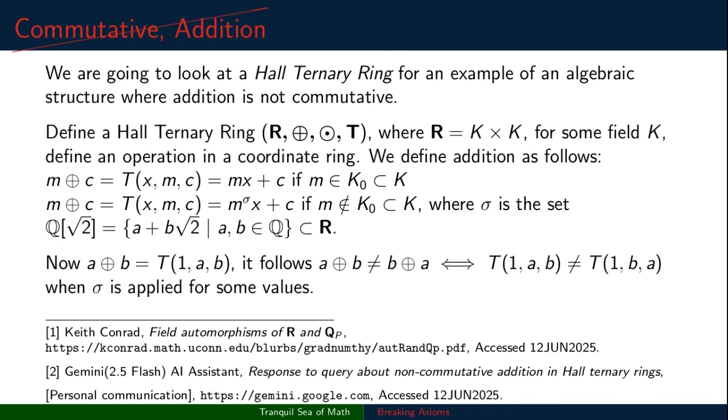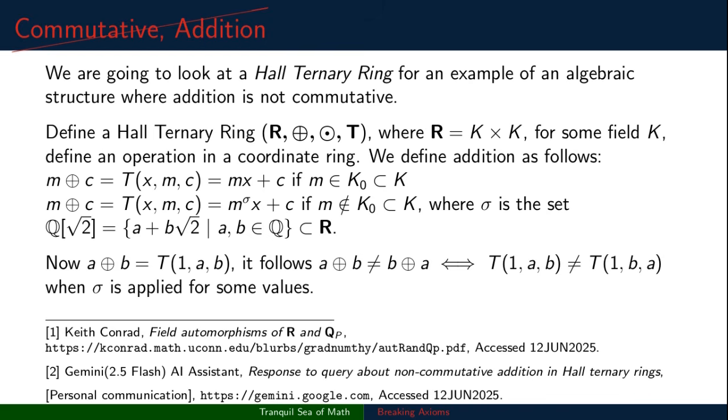And in this case, we are going to define the operation in such a way that we have some subset of the field. And if the m value is in that subset, we do one type of procedure. If it's not in that subset, we do a different type of procedure, and we have a mapping for that, which is this sigma.